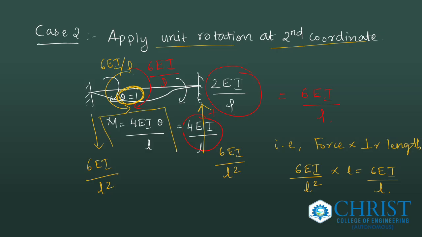The value of that moment is 4 EI theta by L. So theta value is 1 because unit rotation. So the moment value becomes 4 EI by L. And half of this moment is transferred to the opposite end by carryover factor. So here we will produce 2 EI by L at the second position.